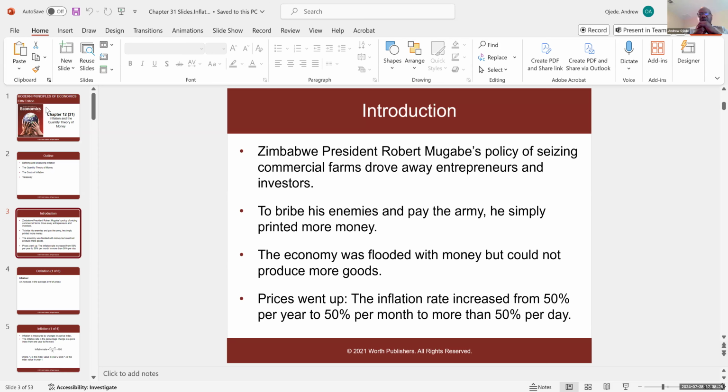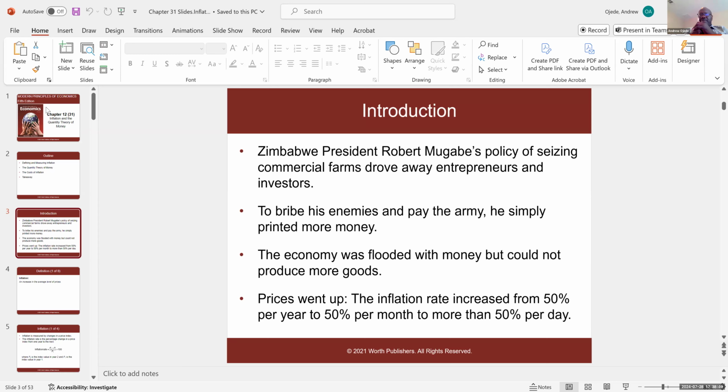The action by Robert Mugabe drove away entrepreneurs and investors from the Zimbabwean economy. So a country that was one time the breadwinner of sub-Saharan Africa was reduced to a country on its knees, struggling with all aspects of economic problems.